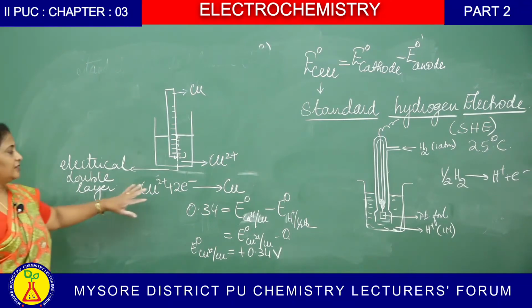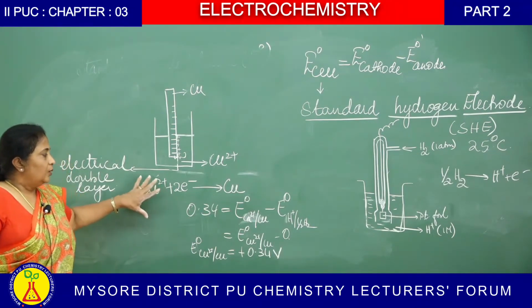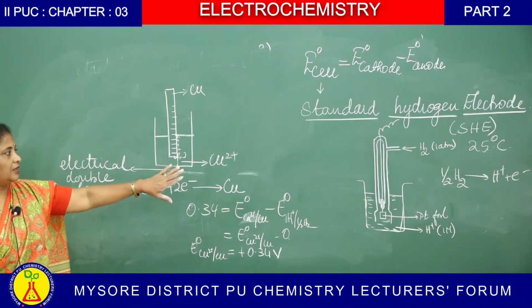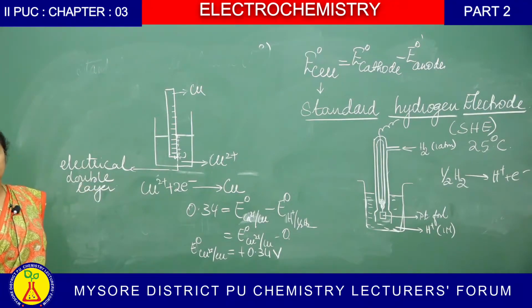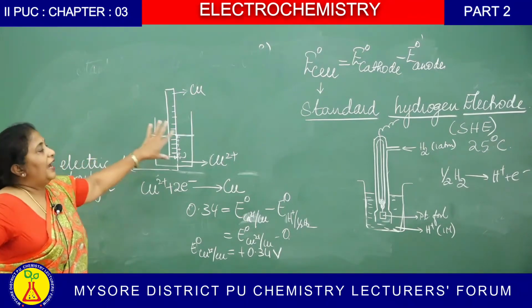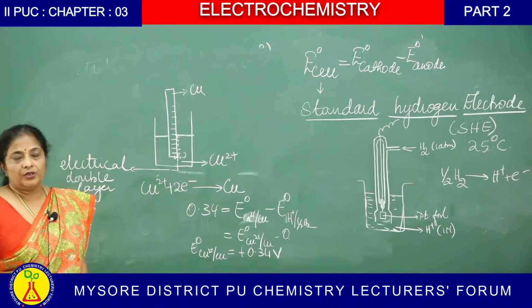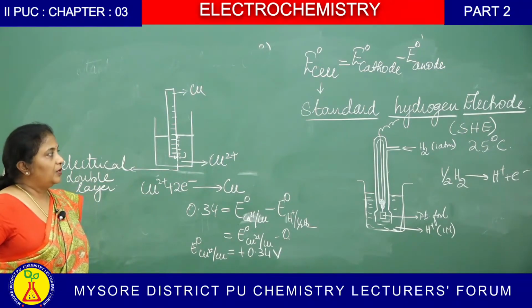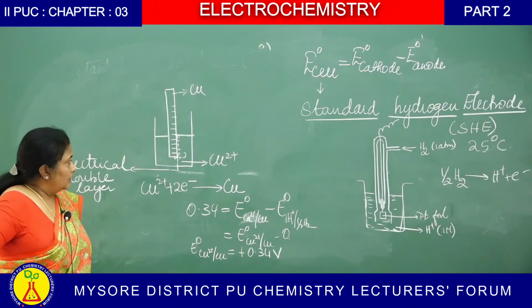Now, why does this reaction occur? Why does hydrogen act as an anode when coupled with copper, and why does it act like a cathode when it is coupled with zinc?